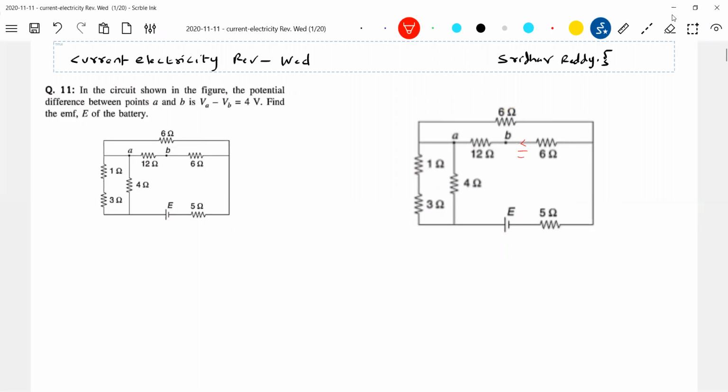So what is the current in that branch? Call it I1. This I1 will be equal to VAB by 12. VAB is how much? 4 by 12, that is 1 by 3.